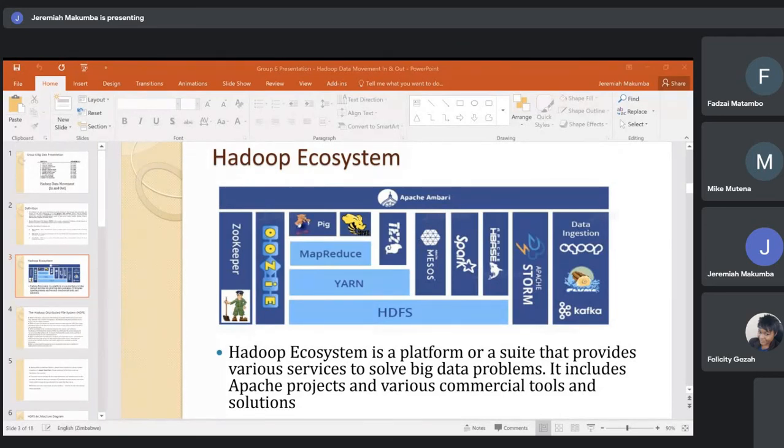Alternatively, you can use Pig. It all comes under MapReduce as a way of extracting your data.